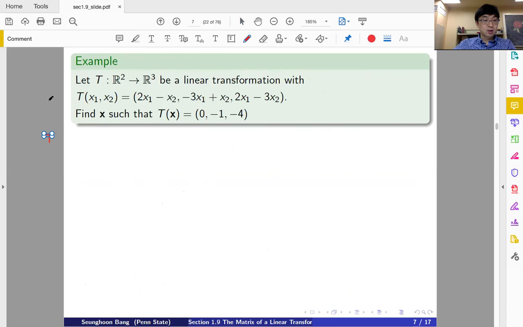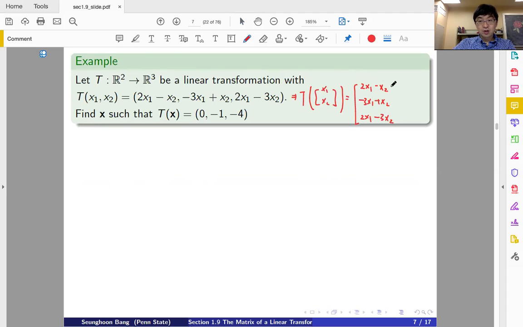This one is T, and we can change it to T(x1, x2), the same as changing to matrix form: (2x1 - x2, -3x1 + x2, 2x1 - 3x2).